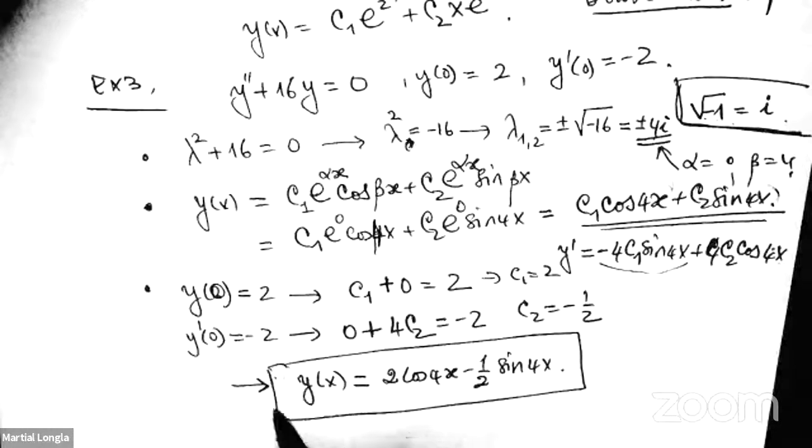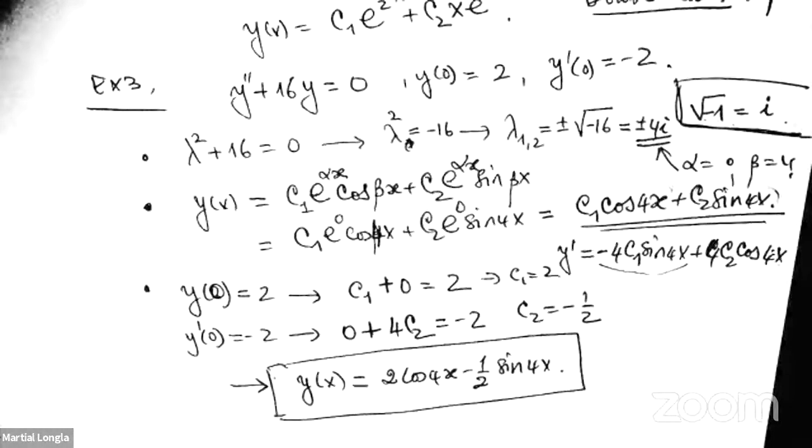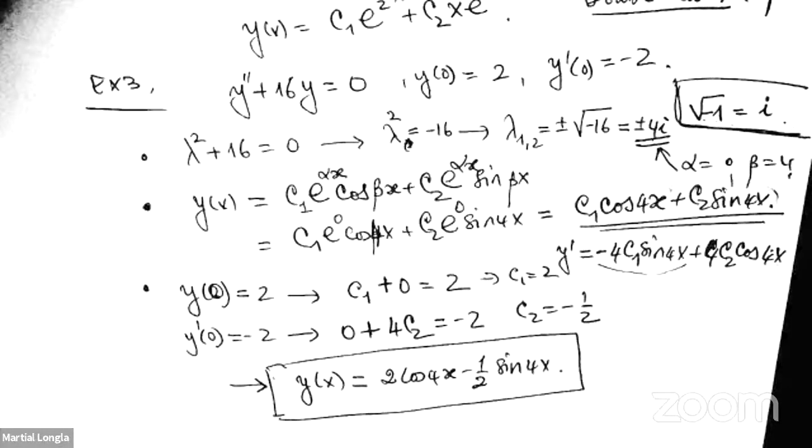And remember that the initial value problem always has a unique solution in this setup. So once you have y and y prime given for a second order equation, there's only one answer that you will find. You will be able to find C1 and C2. Questions? Is it clear now how we do it?